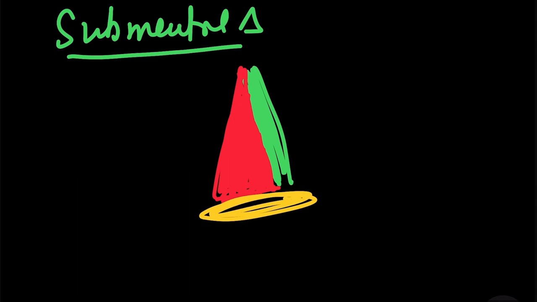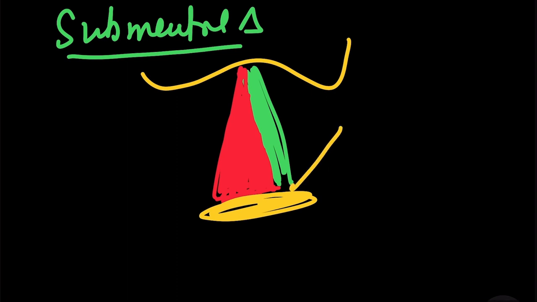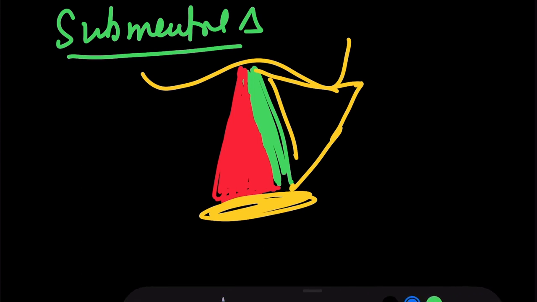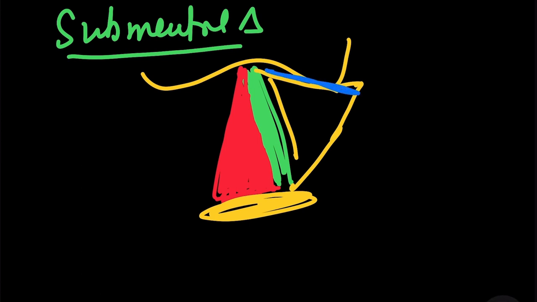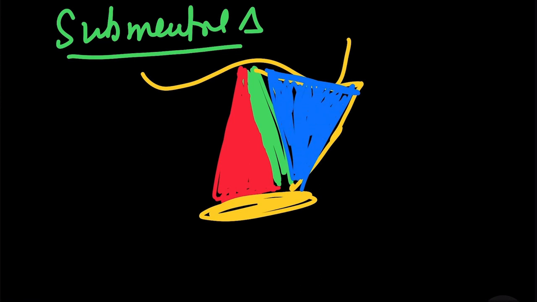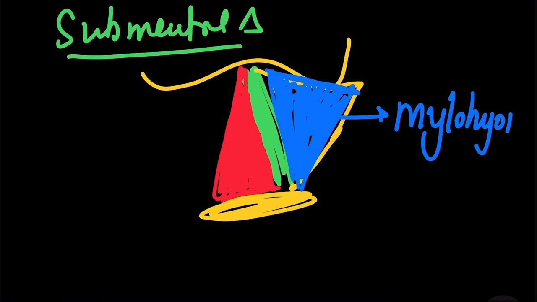Down here we have our hyoid bone, here we have our mandible part, or we say the midline of the neck, and this part is our Mylohyoid.